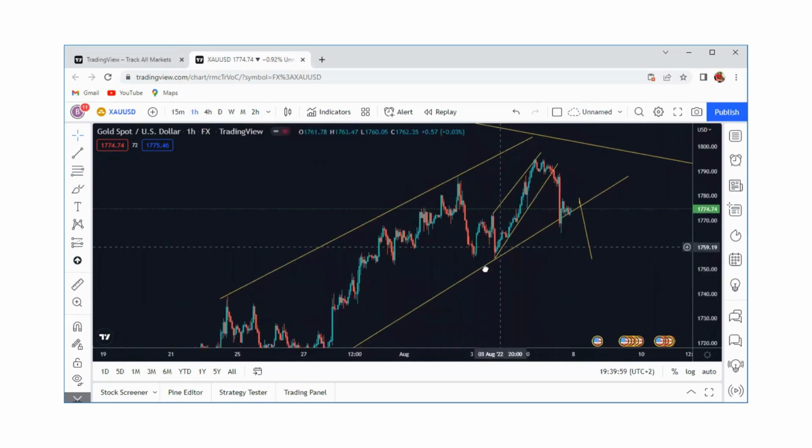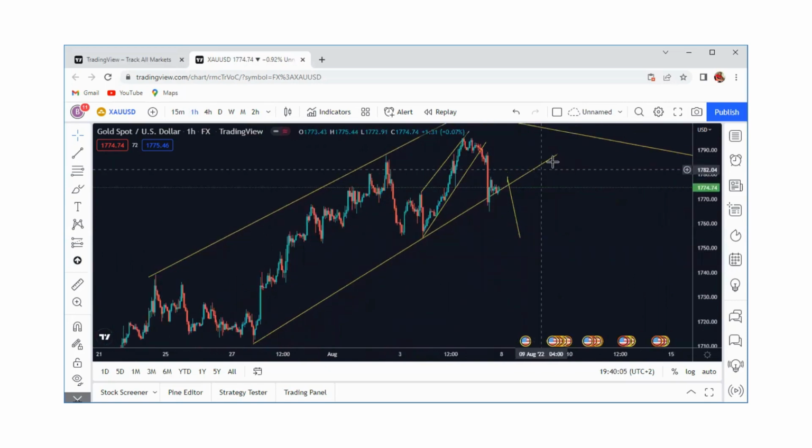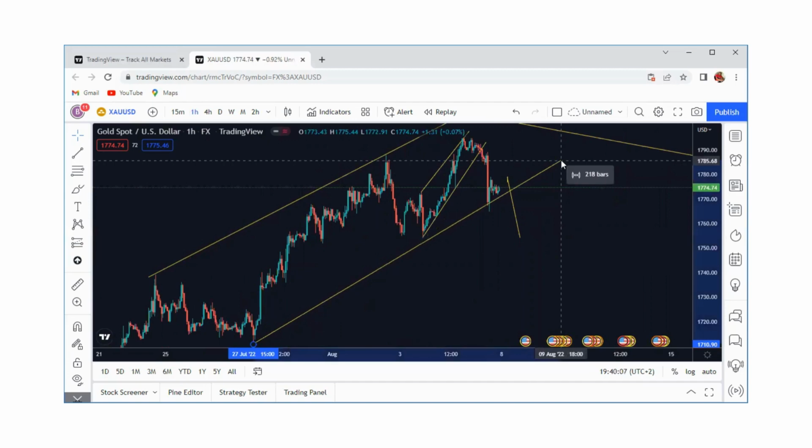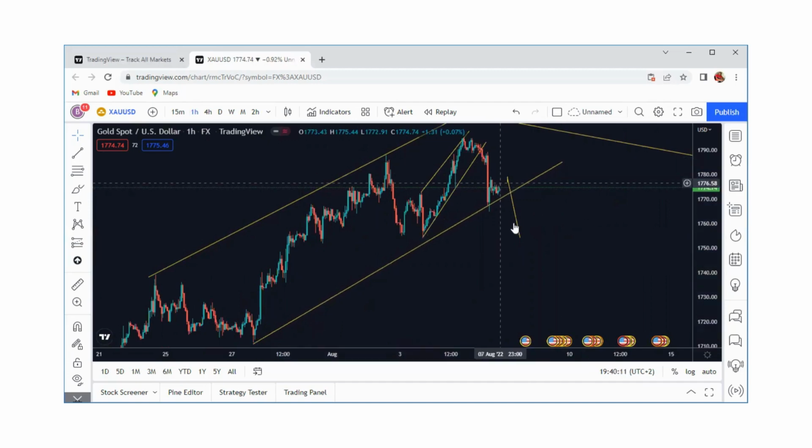So if it breaks, then this will be my first target. But normally it will break, come for a retest, go down, then this will be my first target.